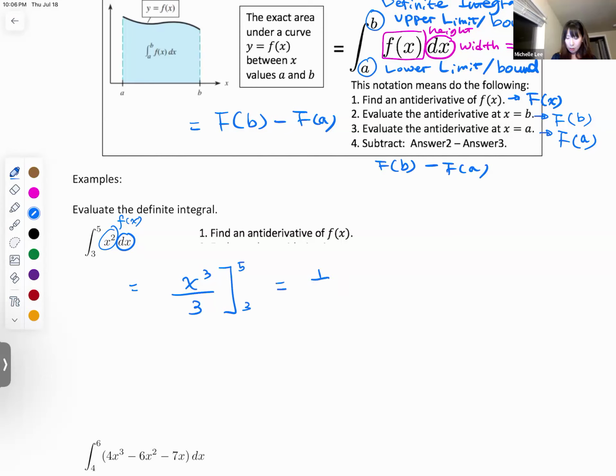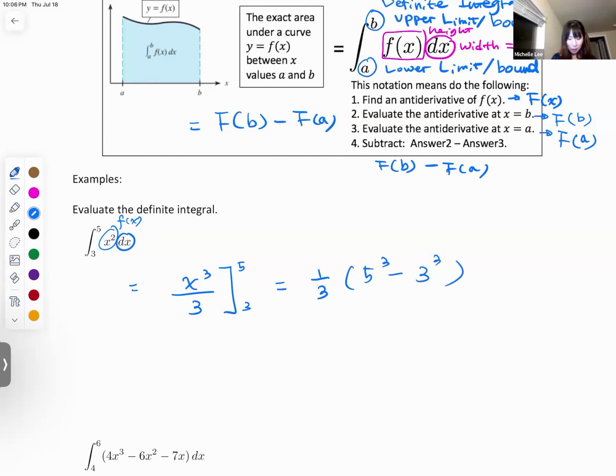Then we factor out the 1/3. So we subtract F of b minus F of a: 5 to the third minus 3 to the third.